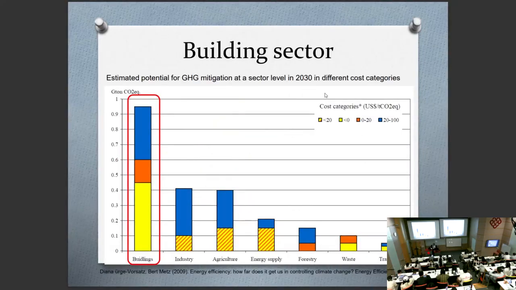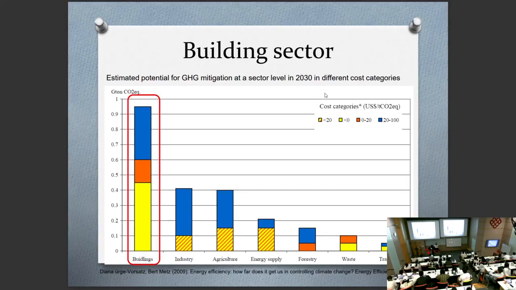This is an interesting diagram. I spent some time to understand the figure. On the left-hand side, we have the building sector and other sectors: industry, agriculture, energy supply, forestry, waste, and transport.